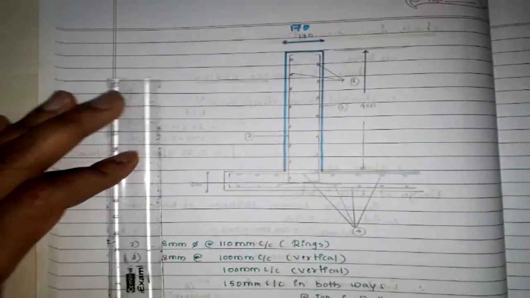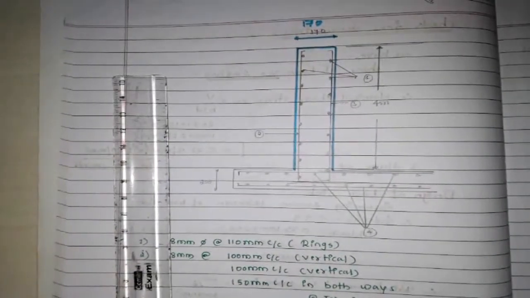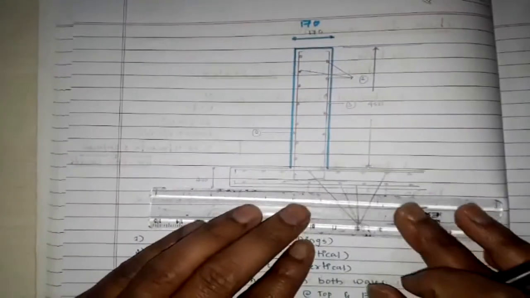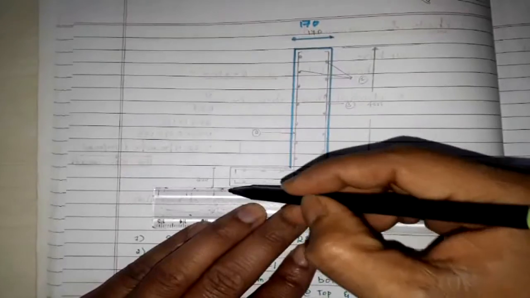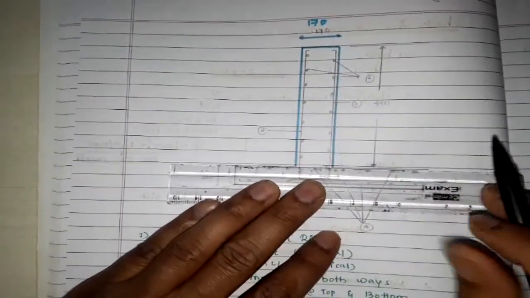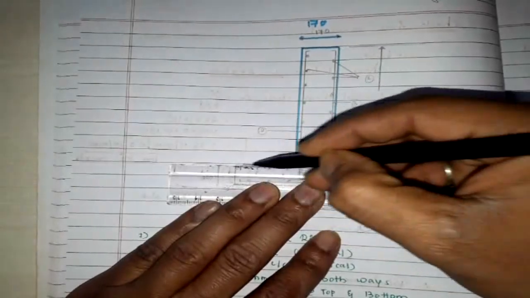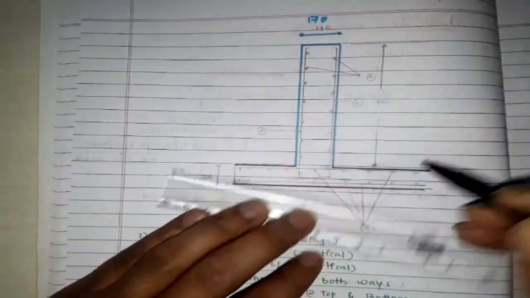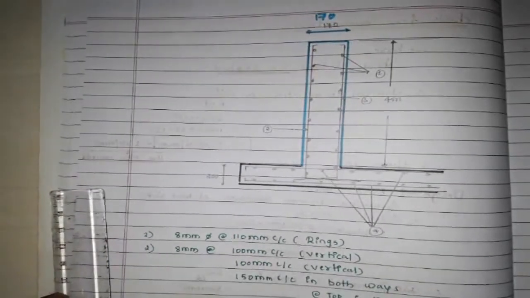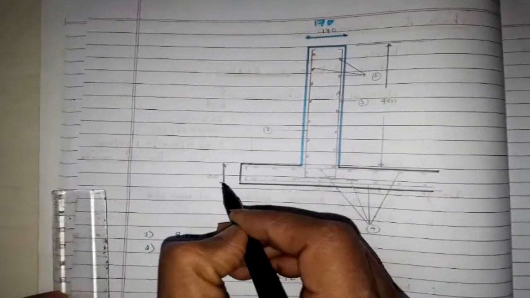Then we have the base slab. This is the cross section of wall and the base slab. We can see here the thickness of base slab we assumed is 200 mm.